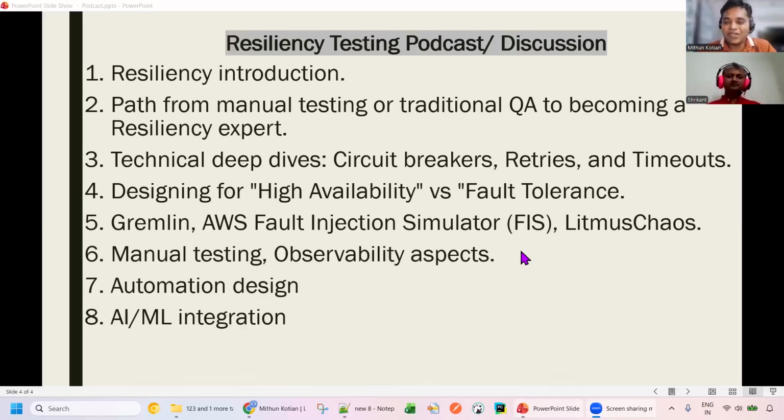If you think of performance, security, even resiliency, chaos, even accessibility, you think in terms of how it is not going to work. That sort of mindset has to be there.